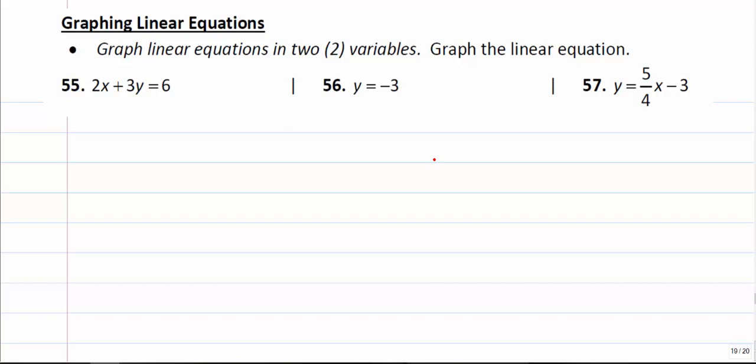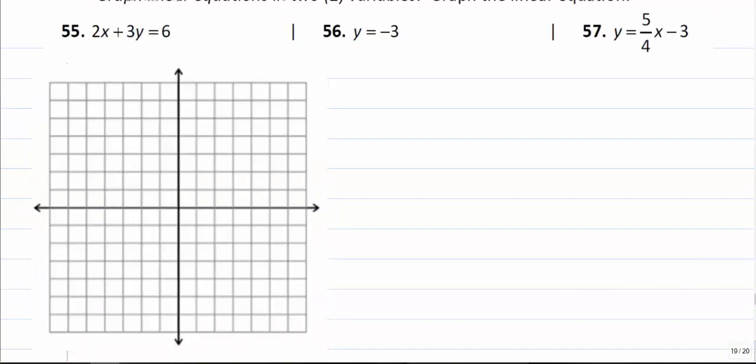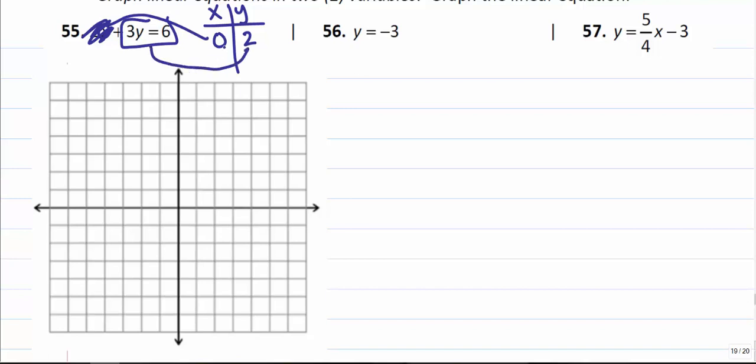All right. To graph the linear equation. Okay, I'm back with the graph. If you were going to do this one, the easiest way is to do an XY table. Try 0 for x, and then you get y equals 2, because if x is 0, this whole thing is 0, and the equation 3y equals 6 means y is 2.